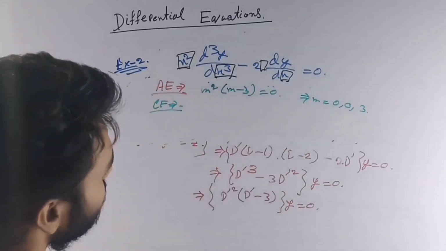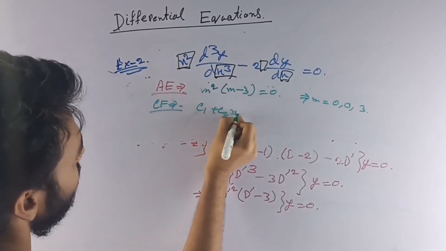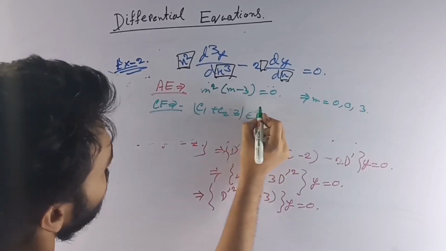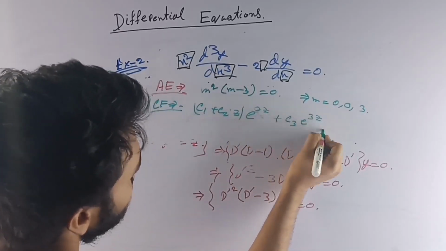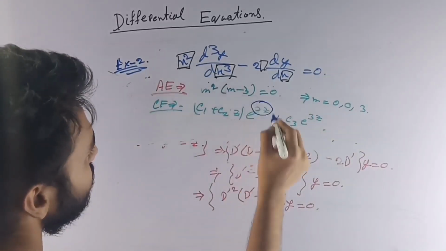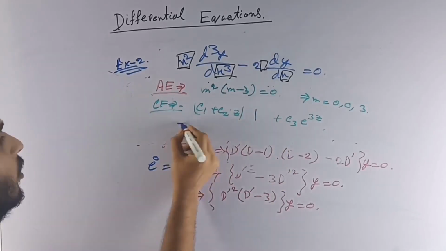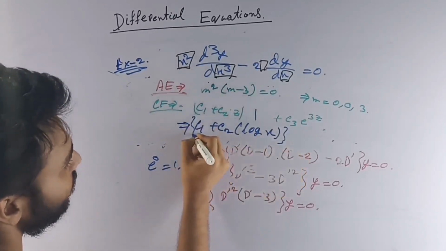So CF becomes very interesting. So c1 plus c2 times z, as we take x equal to e to the power z, so c1 plus c2 z times e to the power 0z plus c3 e to the power 3z, and here e to the power 0 means 1.